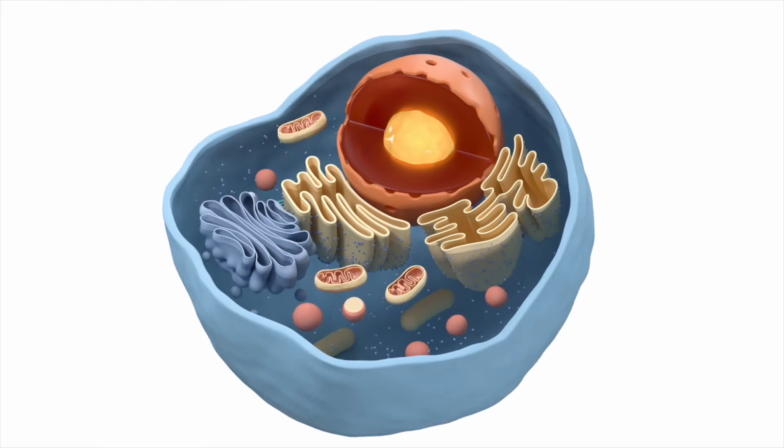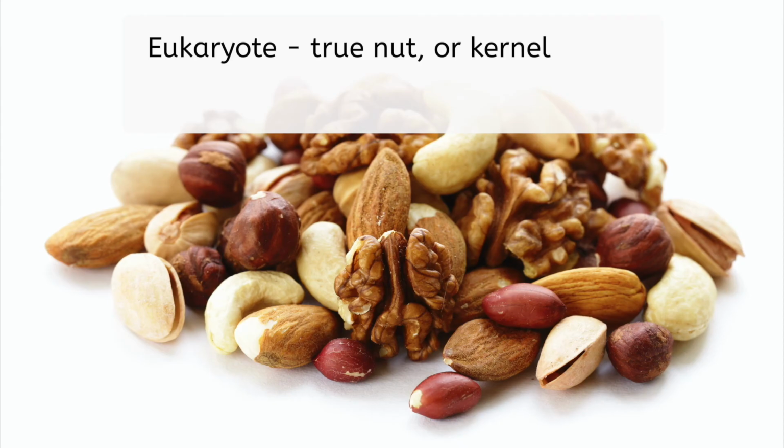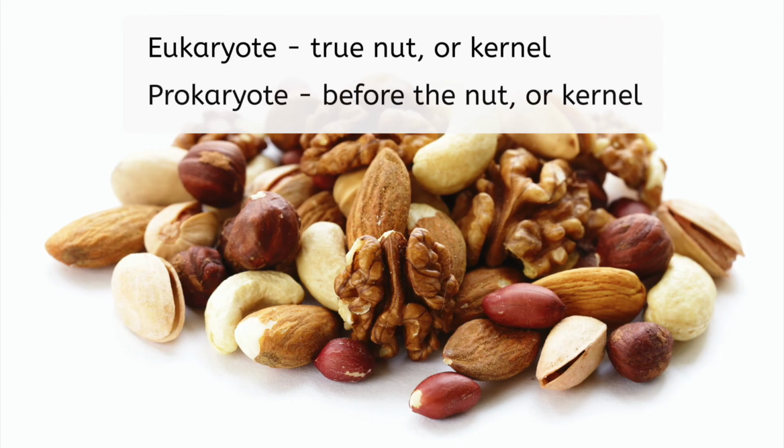In fact, when literally translated, the word eukaryote means having a true nut, the nut being an analogy for nucleus. Prokaryote means before the nut, because prokaryotes evolved before the nucleus. And there you have it, animal cells in a nutshell.